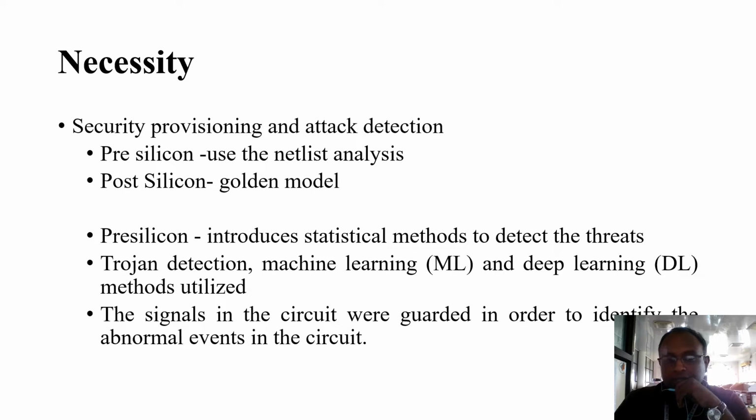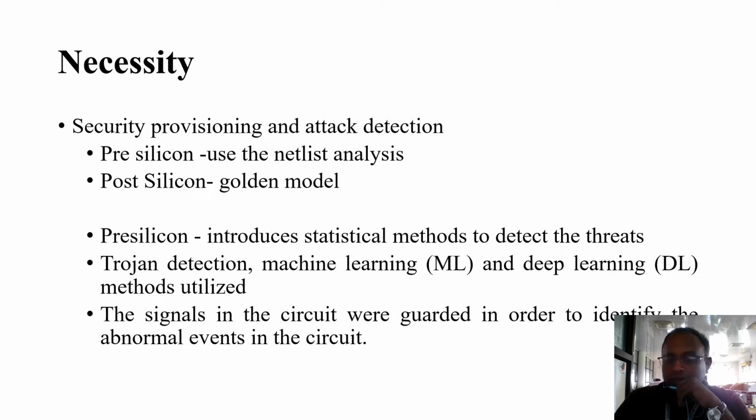There is already a concept of pre-silicon and post-silicon. Pre-silicon is very useful with respect to netlist analysis, and in post-silicon we call it a golden model. Mostly in pre-silicon, some statistical methods are used to detect the threats, even though it is not sure whether it is that efficient.